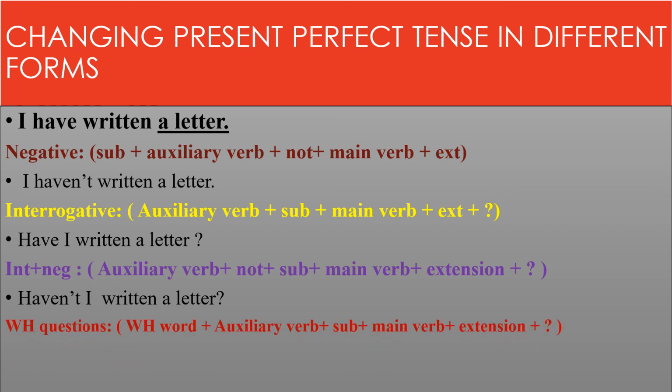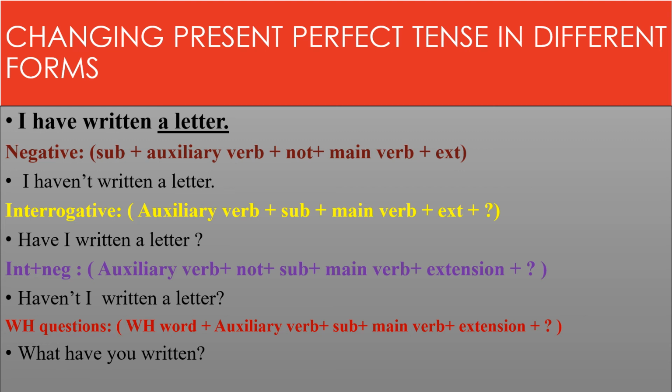Then WH question: WH word plus auxiliary verb plus subject. So before the subject you have to write WH word and auxiliary verb. Then after the subject you have to write main verb plus extension and question mark at the end of the sentence. So students, look at the examples. What have you written? Look, I have put underline in the words a letter.